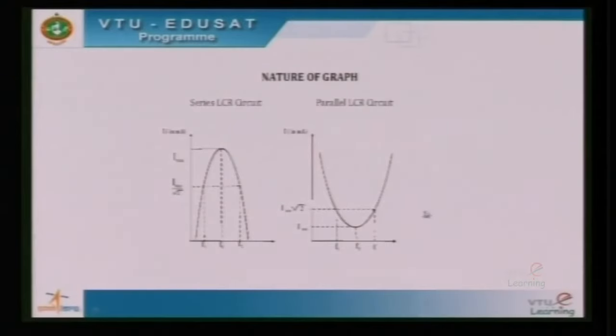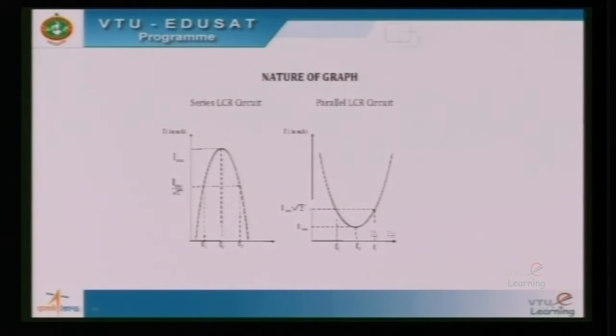Bandwidth of the parallel resonant circuit is obtained by drawing a horizontal line corresponding to I minimum into root 2, and the corresponding x intercepts are taken as F1 and F2, the lower and upper cutoff frequencies. Hence bandwidth is determined.